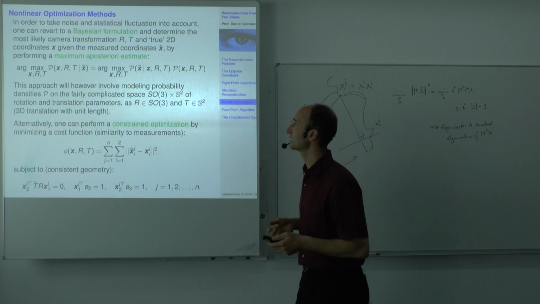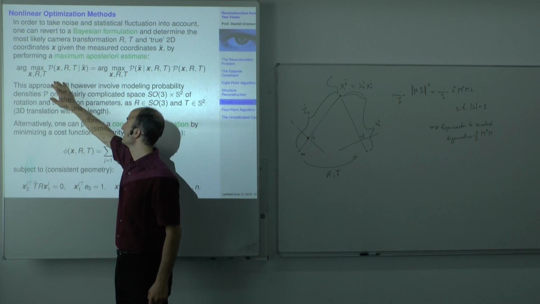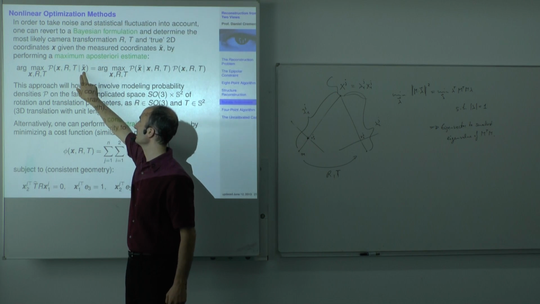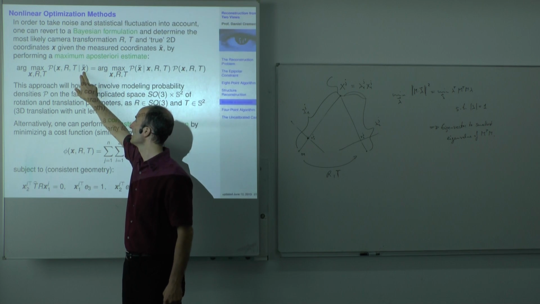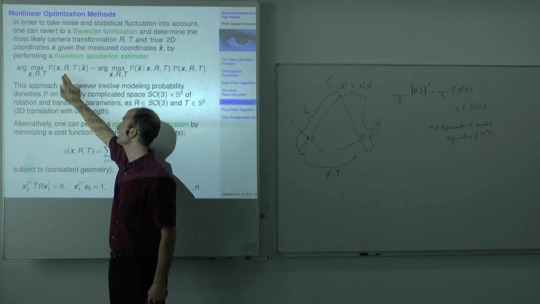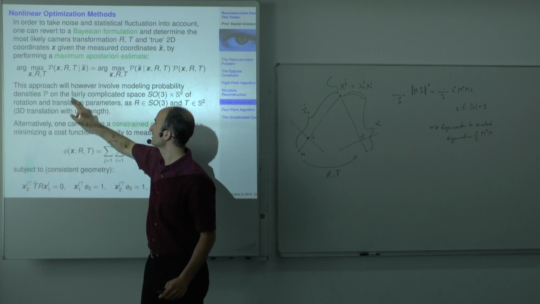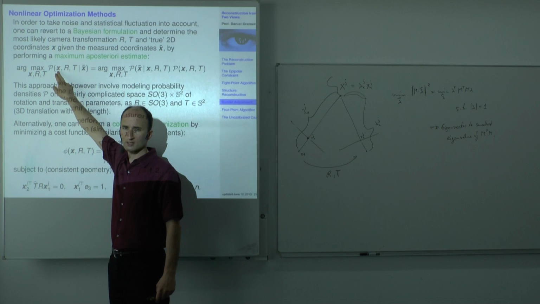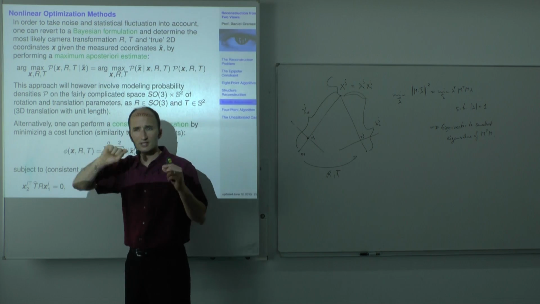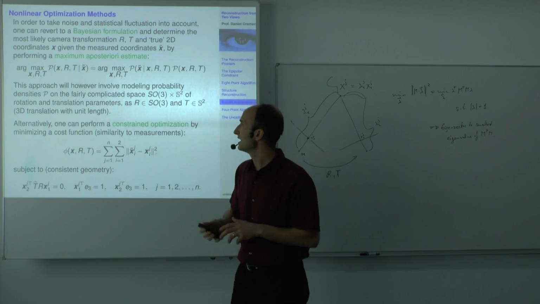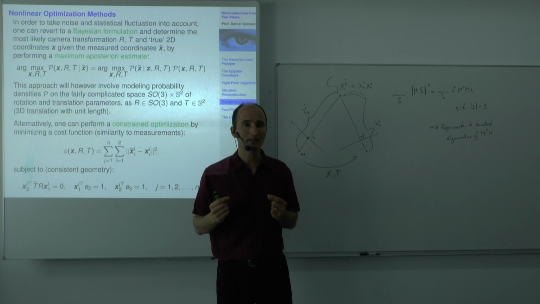So these are the kinds of techniques. The way they work, for those who haven't heard of them, is that you say, I have some measurements, x tilde, which are my measured 2D coordinates. And now what I want to estimate is the rotation and translation of the camera and the true 2D coordinates, little x. So I have true 2D coordinates that are consistent with the 3D points, and I have estimated 2D coordinates, and they are not necessarily the same.